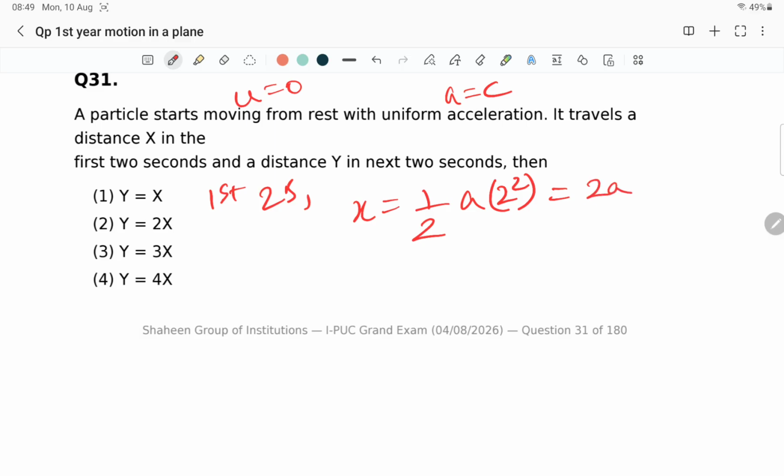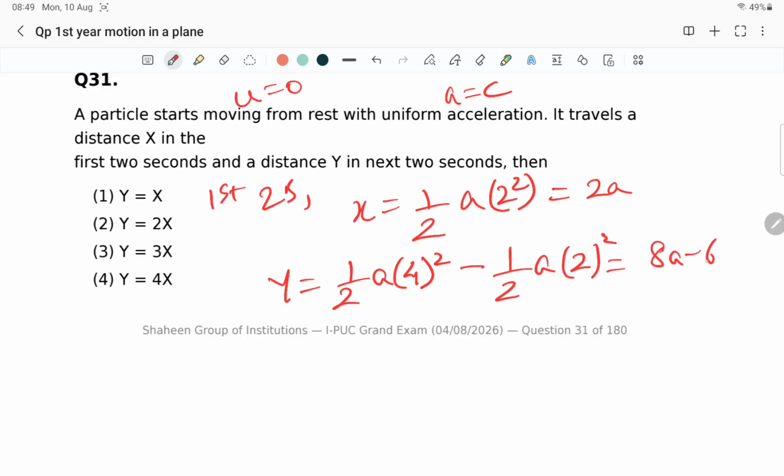For the next 2 seconds, y is equal to half a times total time square minus half a times 2 square, which is 8a minus 2a, that is 6a. Clear? X is 2a, y is 6a. The answer: y is equal to 3 times x.